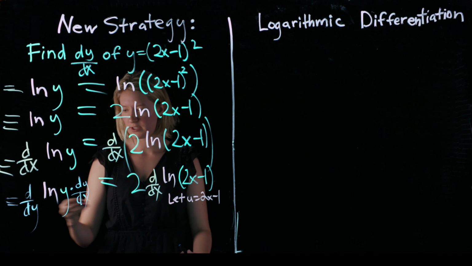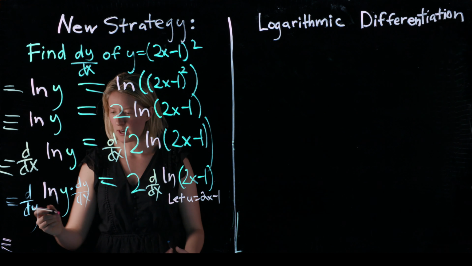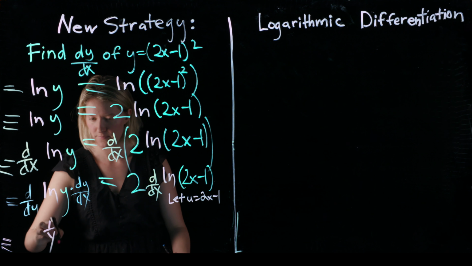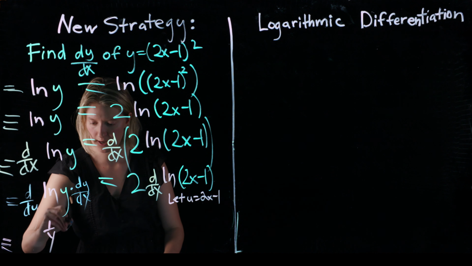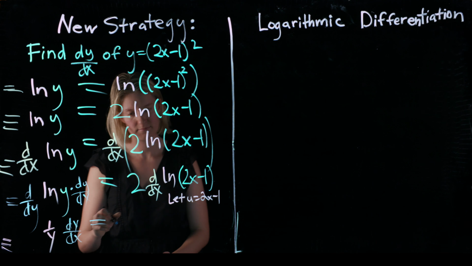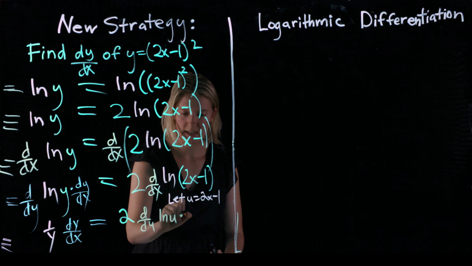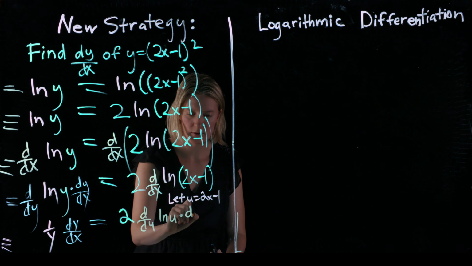So going back to the equivalent expression, the derivative with respect to y of the natural log of y is 1 over y. And then we still have this derivative of y with respect to x. And now on the right side, I have my 2, but instead of the derivative with respect to x, I'm going to use the chain rule, and I'm going to have the derivative with respect to u of the natural log of u times the derivative of u with respect to x of 2x minus 1.